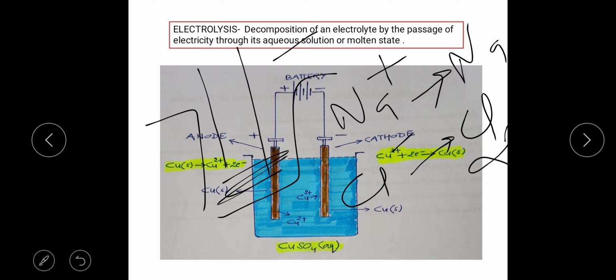So here you can quite easily and clearly understand how decomposition is happening. Due to passage of electric current, sodium ions have changed to sodium atoms and chloride ions have changed to chlorine gas. So this is decomposition of the electrolyte. NaCl has changed to Na and Cl2. This is called electrolysis: decomposition of electrolyte by the passage of electric current through it.